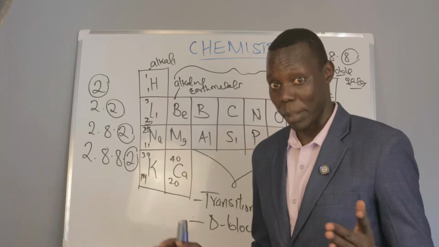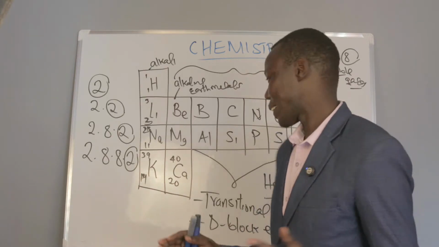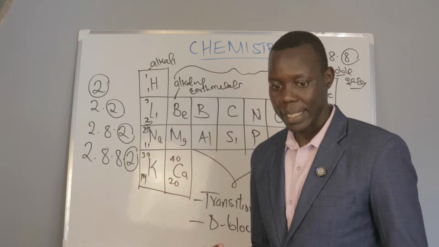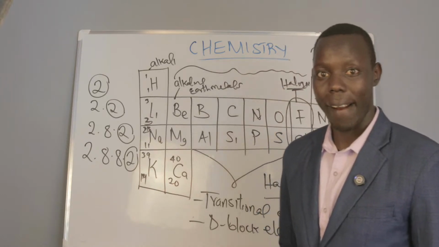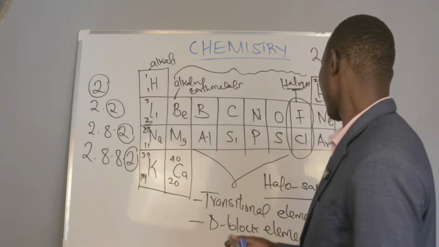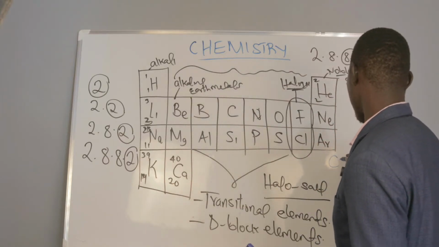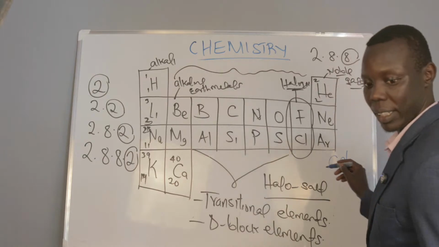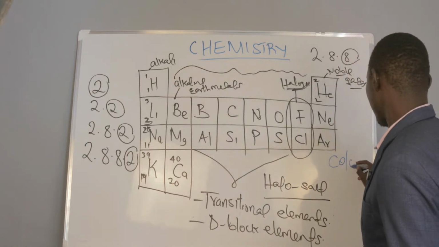Those two are the main examples of transitional elements. The main characteristics of transitional elements are that they are colored metals. They are colored.